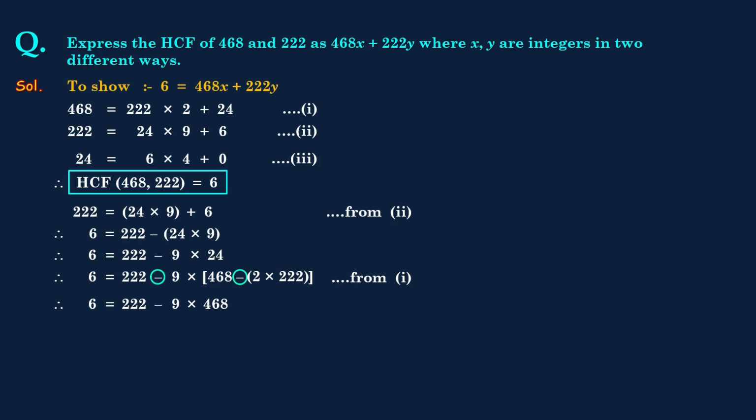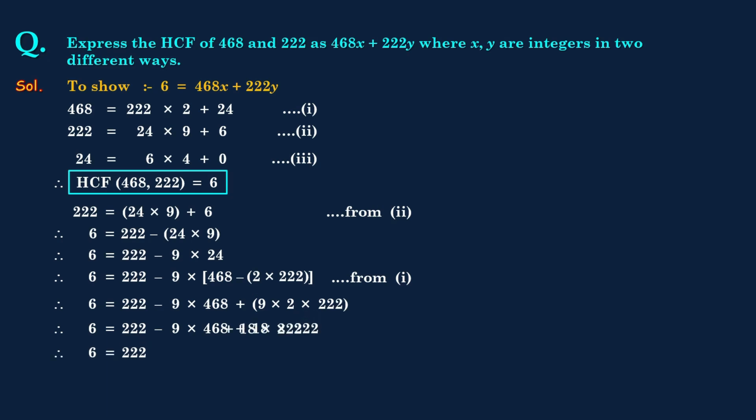Now basically we are applying the distributive law over here. So minus will become plus 9 into 2 into 222. So 6 equal to 222 minus 9 into 468 plus 18 into 222.